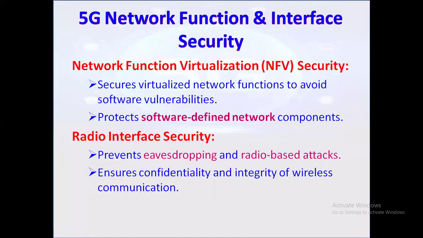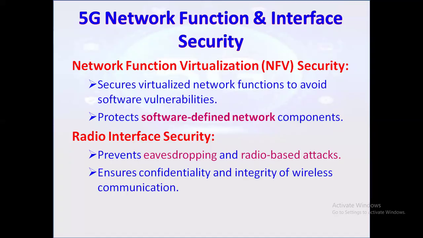Next, 5G network functions and interface security. Network function virtualization, that is NFV, security in 5G networks secures software defined network components against vulnerabilities and exploits that could arise within virtualized environments. This protects the integrity of network functions that operate virtually, ensuring continuity and reliability.